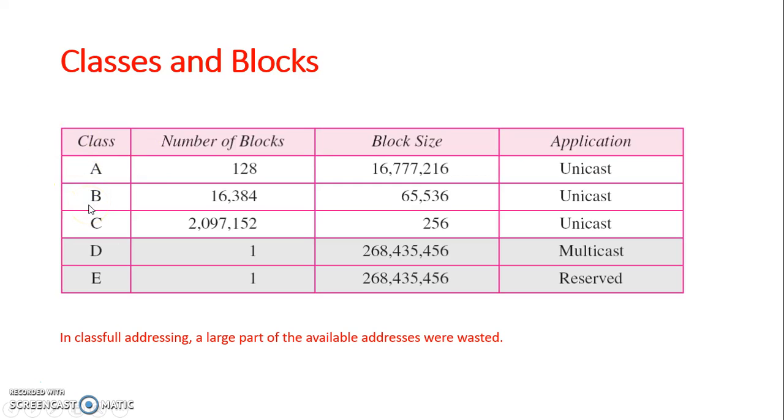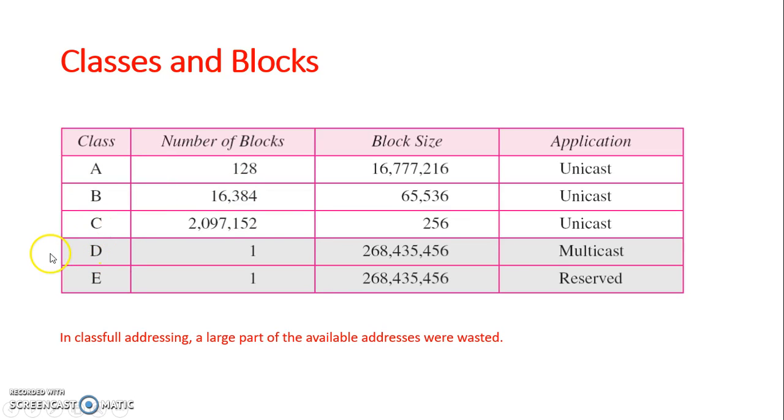Class B is used mostly for mid-size organizations. And class C was used for a small number of organizations. The thing is, class A is too large for any organization, so many of the addresses get wasted, which means they are not used. And also class A is much too large for a small organization. Again the addresses get wasted.